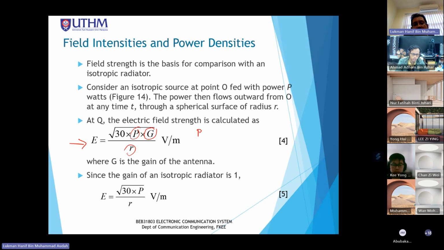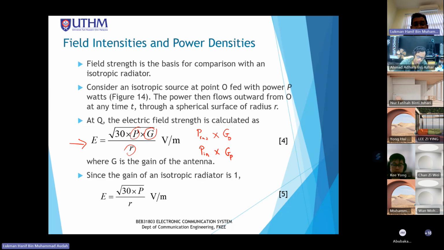If we use the radiated power, we need to multiply with the directivity gain, GD. If we use the input power, we need to multiply with the power gain. So these are the two combinations.